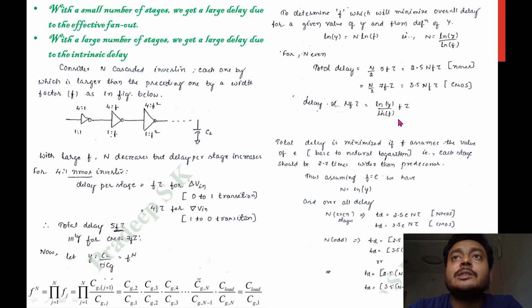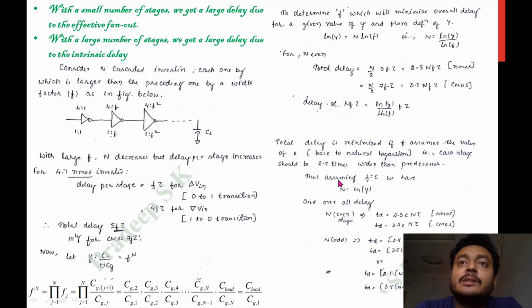To get these stages appropriately, for what value of f are you going to get the optimal minimum delay? In that case, we can just go for f equal to e, because f is going to assume the value of e, the base of the natural logarithm.